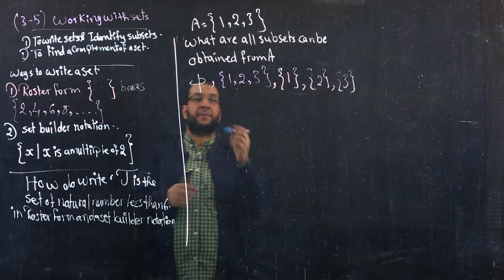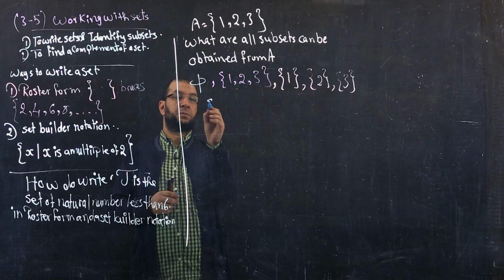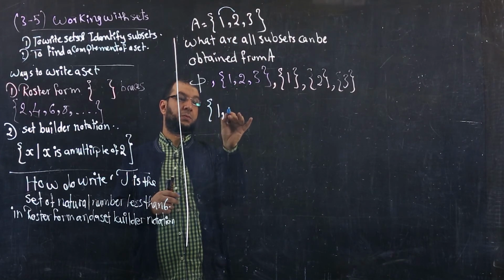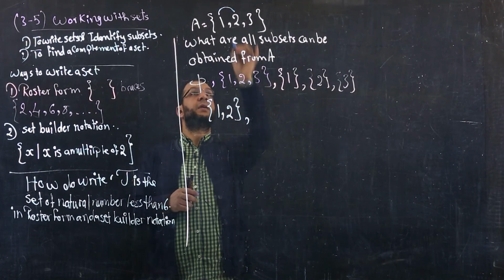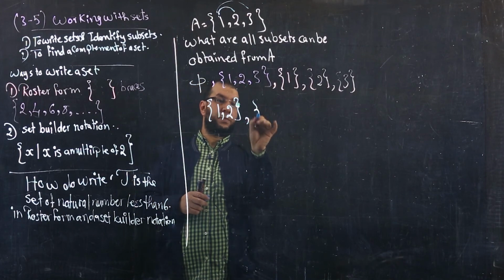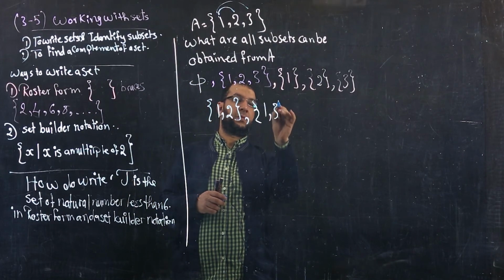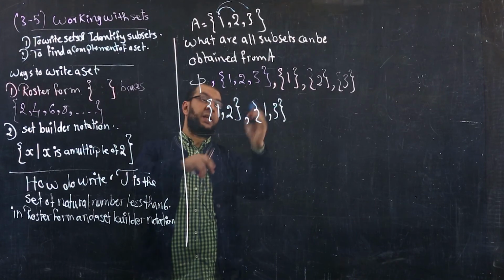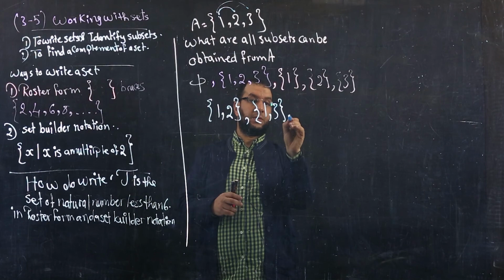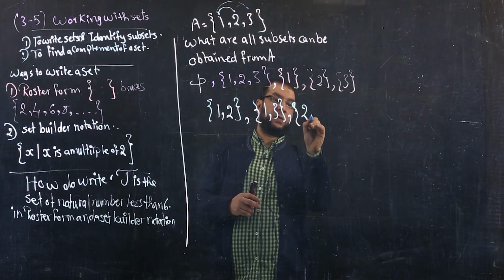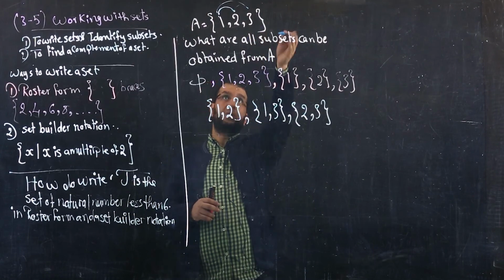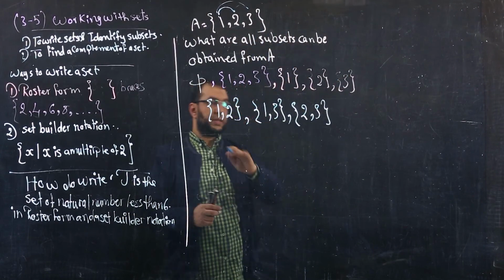So I will say 1 and 2. Then I'll take 1 again with 3. Then move to the next one, 2 with 3. If I had another element, of course, I would take 2 with it and so on, but this is only what I have.